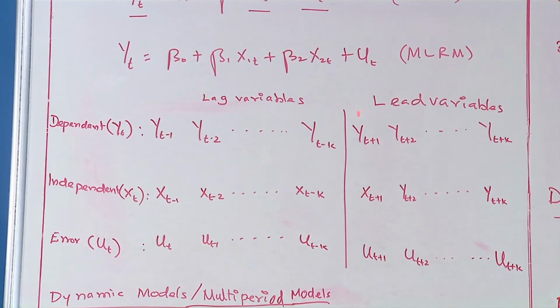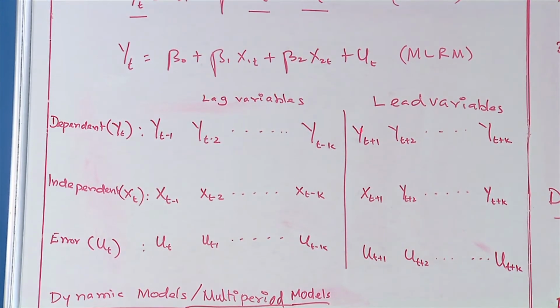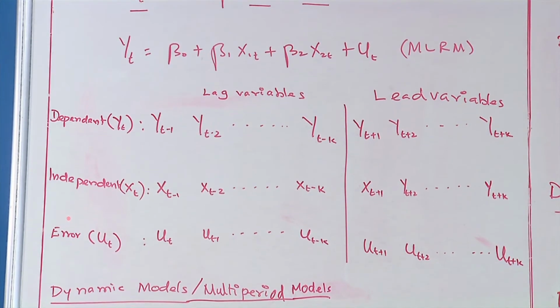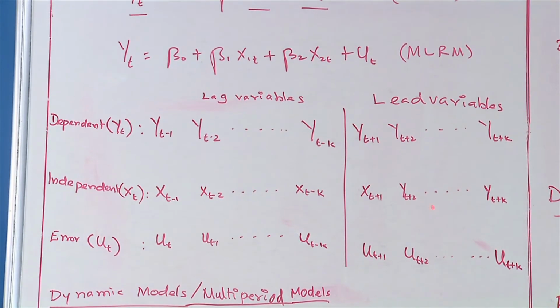Similarly, we can write the lead variables as yt plus 1, yt plus 2, like that, yt plus k. This is the kth lead variable of yt. We can write the same for the independent variable.